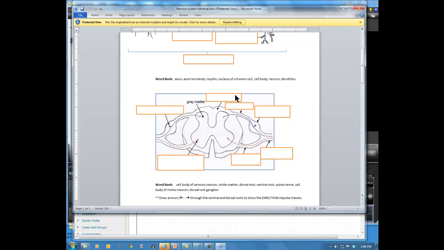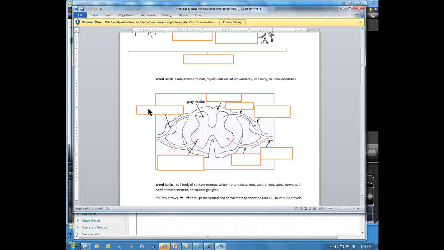This would be right here the dorsal root. This here would be the dorsal root ganglion. This here would be the spinal nerve. This here would be the ventral root. This here would be the ventral horn. And this here would be the dorsal root ganglion.